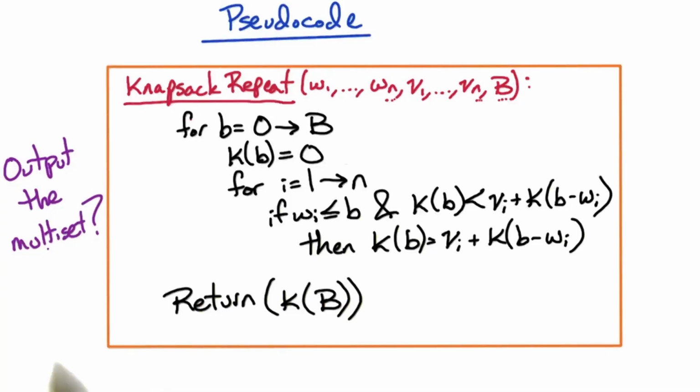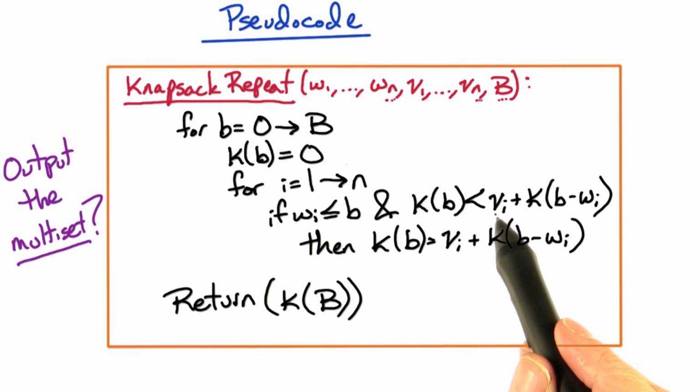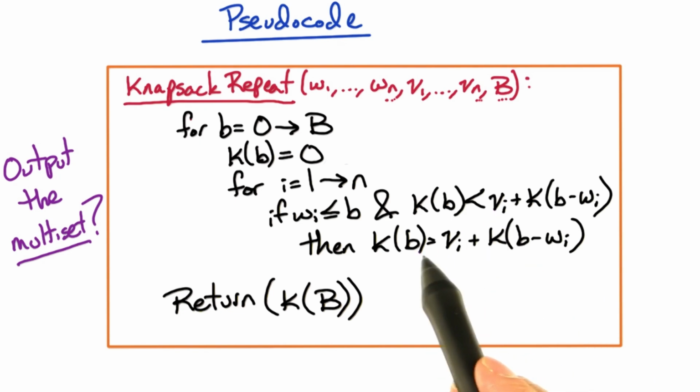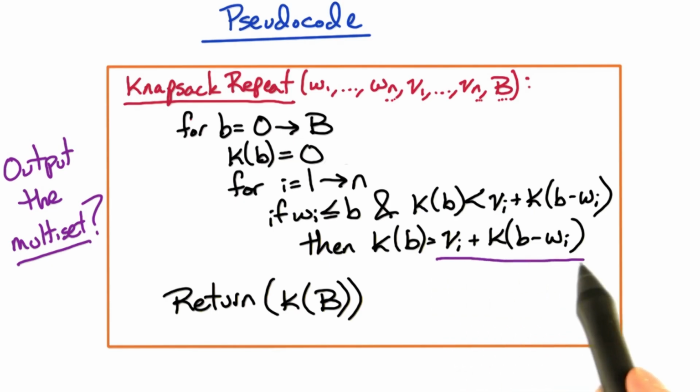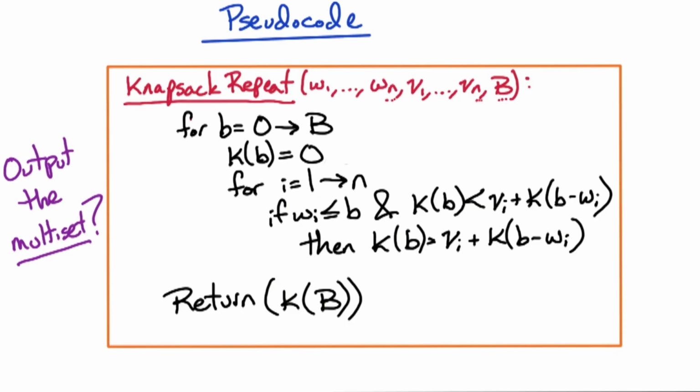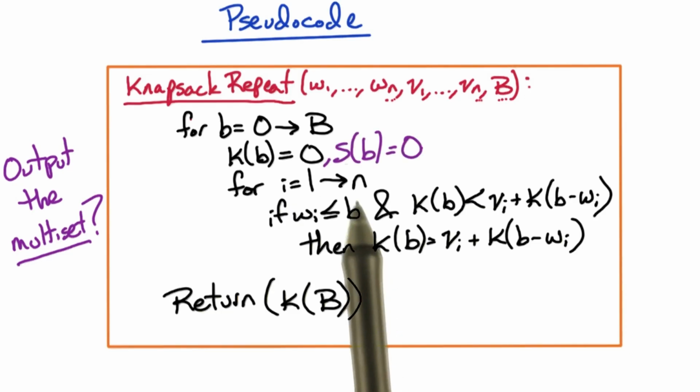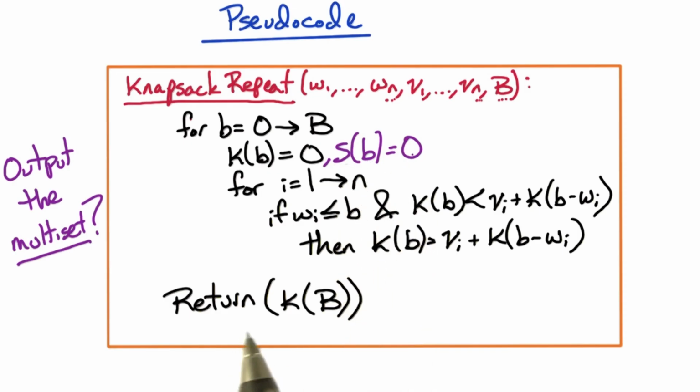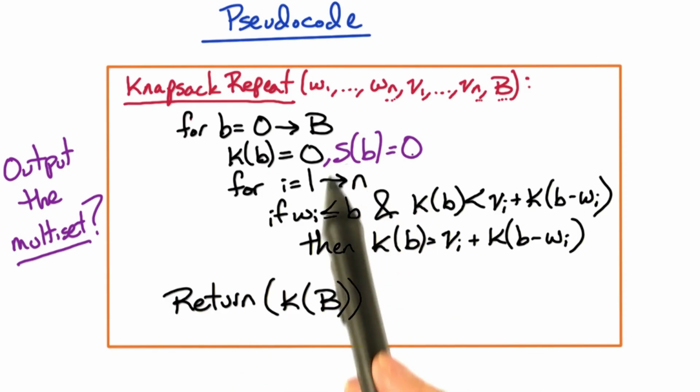So to output the actual multiset which obtains the optimal solution, what we need to keep track of is the last object we add in. What is the object i which we add in, which obtains this optimal solution. In order to maintain that, we make a separate array, S. We initialize S of b to be 0, corresponding to the empty set solution.